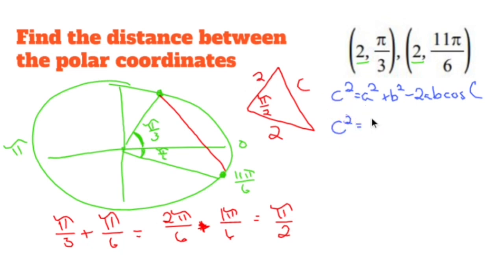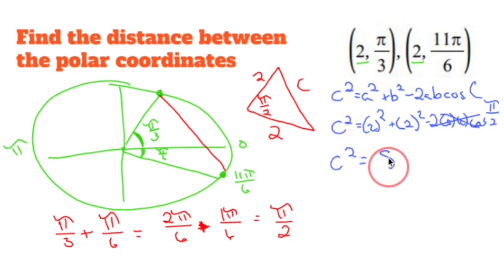C squared equals 2 squared plus 2 squared minus 2 times 2 times 2 times cos pi over 2. Here's a nice thing: cos pi over 2 is 0. You go away. So c squared is equal to 4 plus 4, which is 8. Square root both sides, and c is going to equal 2 root 2.